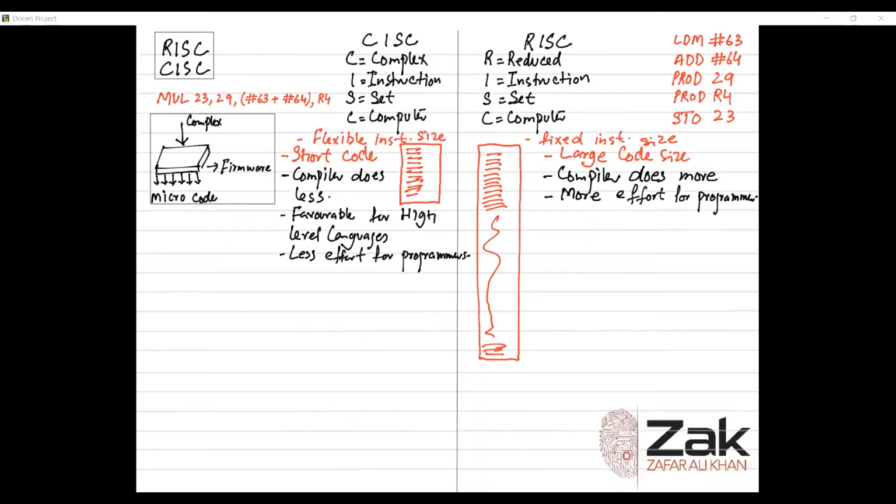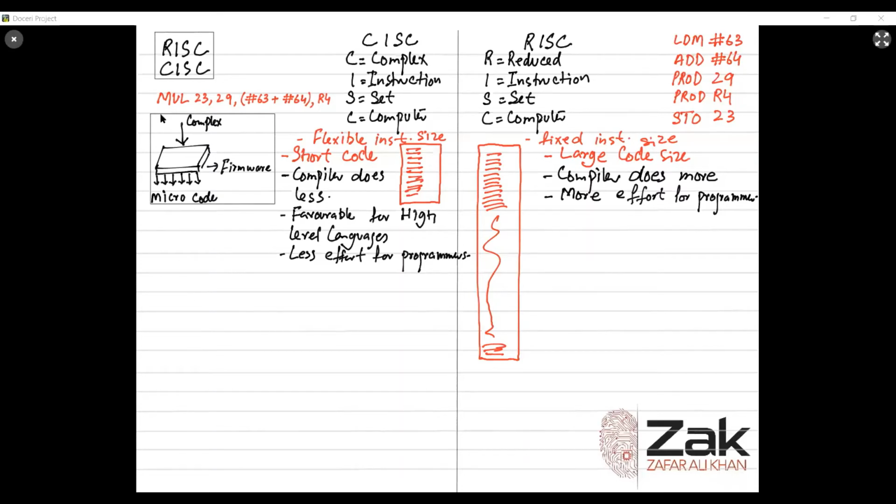Firmware is the software built into the processor by the manufacturer, and the first and foremost task of this firmware is to break a complex instruction into microcode. What is microcode? Microcode is making a complex instruction code into a simpler instruction code. When we do it, we call it RISC. When the computer does it, the computer calls it microcode.